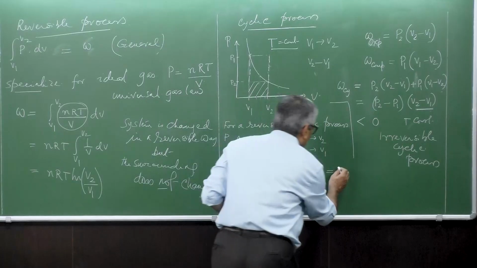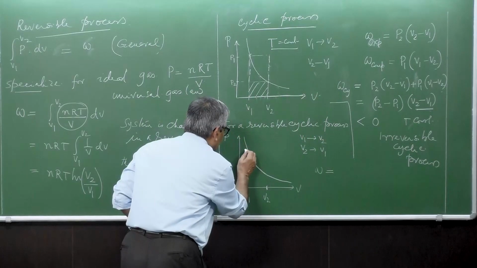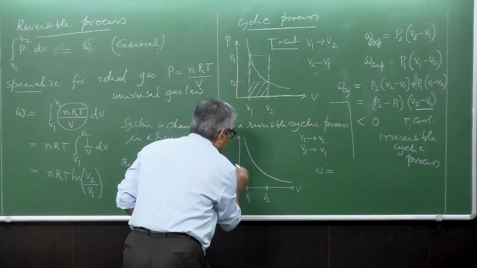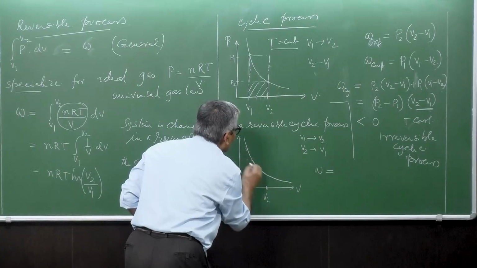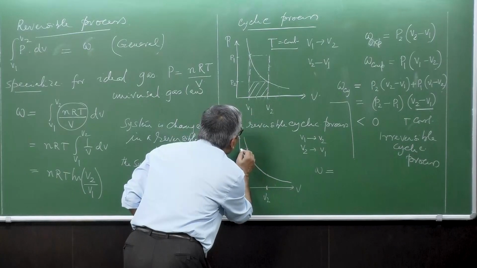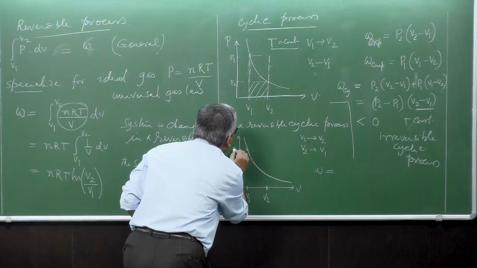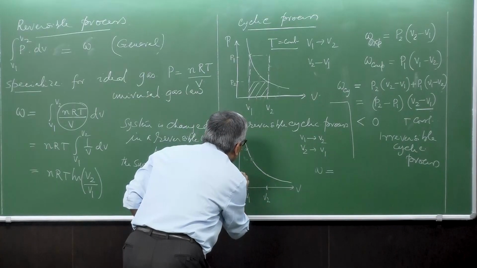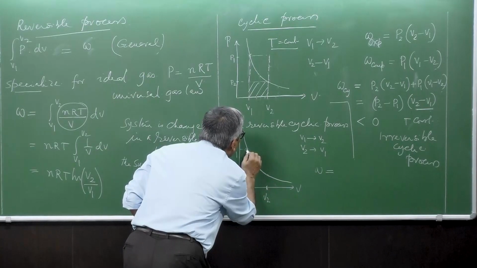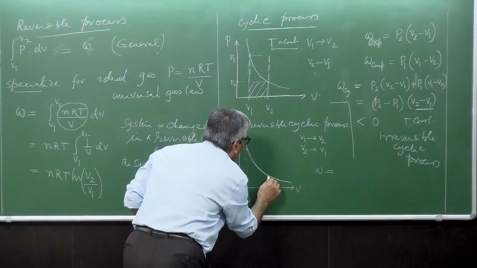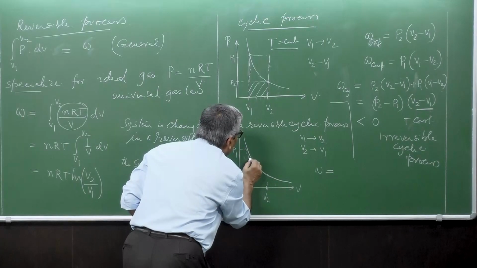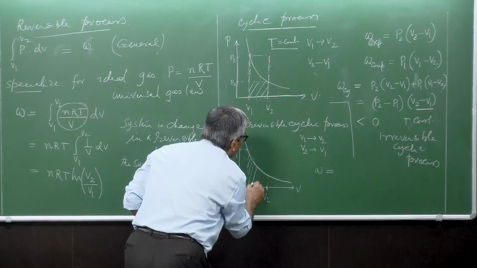So all throughout the process, if I change the state from V1 to V2, this is P1, this is P2. So all throughout the process, I have got a curve like this.